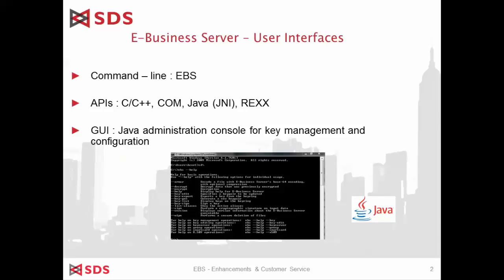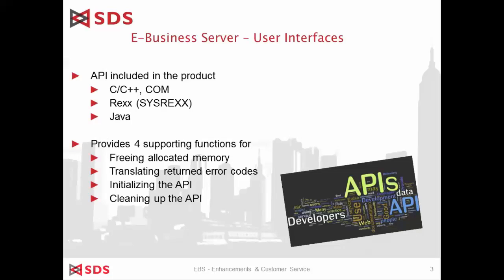Our 64-bit implementation for Linux, Windows, and the Java API brings modernization and greater security. eBusiness Server supports simple commands or optional native APIs including C, C++, COM, Rexx, and Java to enable encryption for all data communicated with partners from their backend systems.